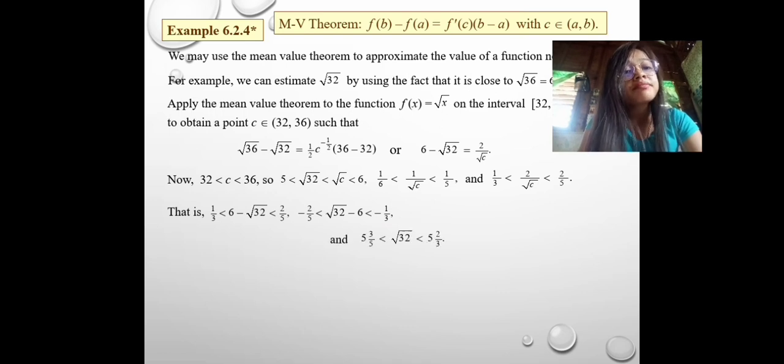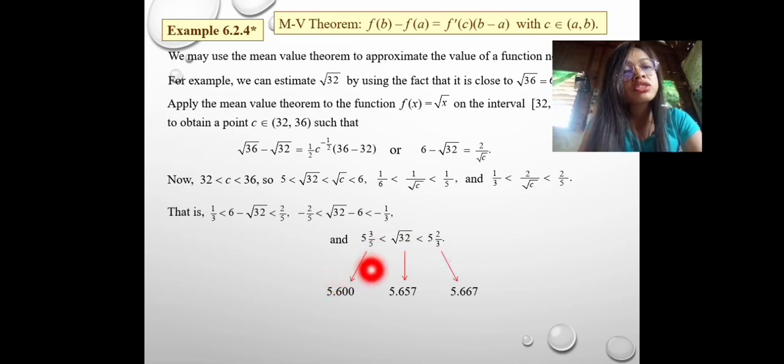And 5 and 3/5 is less than square root of 32, and square root of 32 is less than 5 and 2/3.